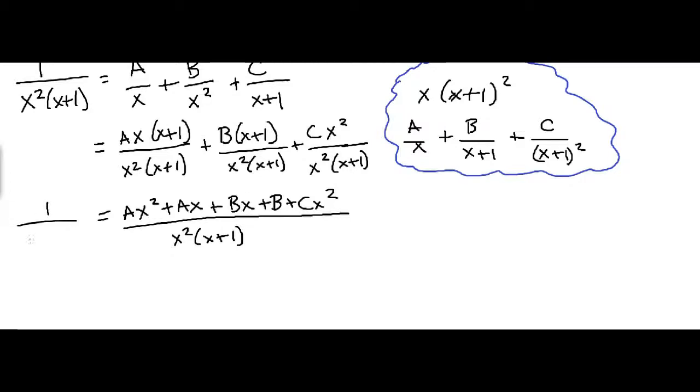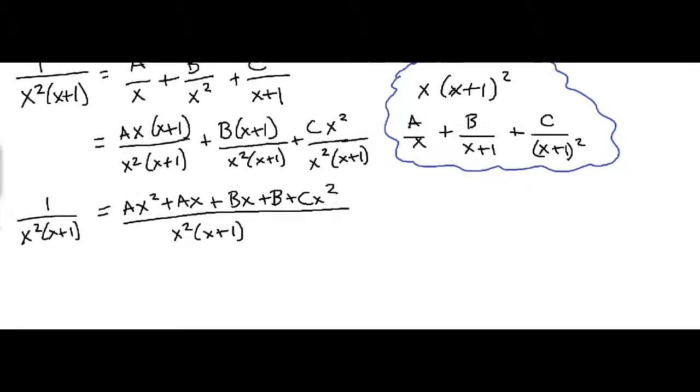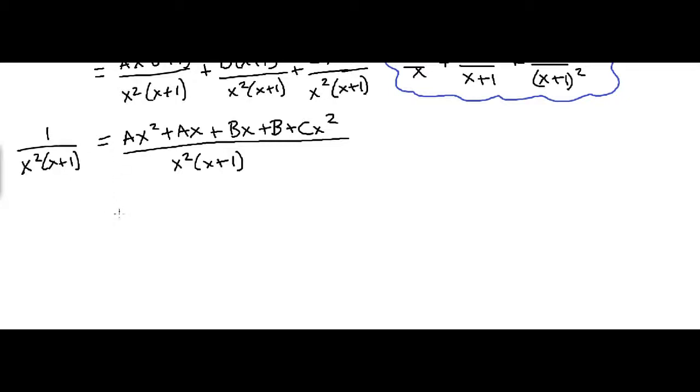On the left-hand side, just to remind you, we have 1 over x squared times x plus 1. Since we have the same denominators, we can set the numerators equal to each other, and I'm going to combine like terms. So I have a plus c times x squared, plus a plus b times x, plus b equals 1.